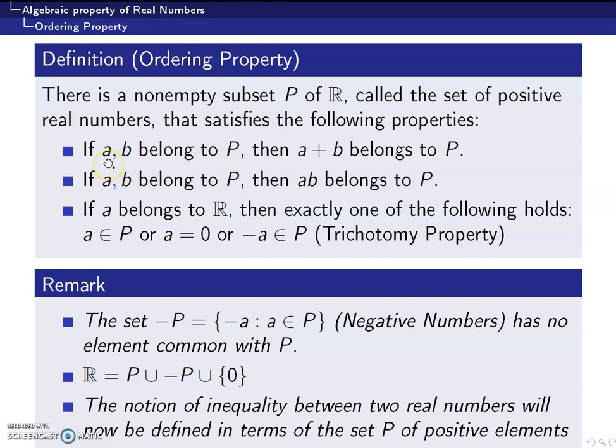The first one is whenever two elements A and B are in P, their sum also belongs to P. Whenever two elements A and B are in P, the product AB also belongs to P. The third and the last one is if A is any real number, then either A is an element of P, or A is the additive identity 0, or A is not an element of P, which further implies that minus A is an element of P.